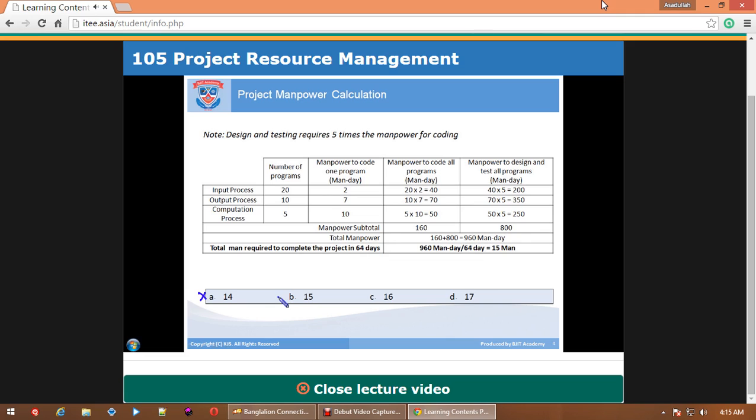So this is the minimum number of persons required to complete this system. Now if you look at C, 16 men can also do it in 64 days, but it is not the minimum number of men, so it is also incorrect. And 17, same reason, it is also not correct. So the correct answer is B, 15.